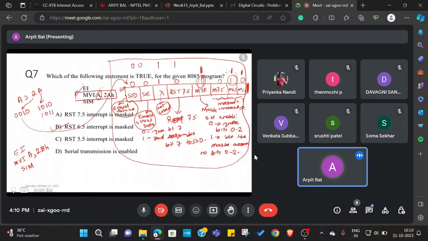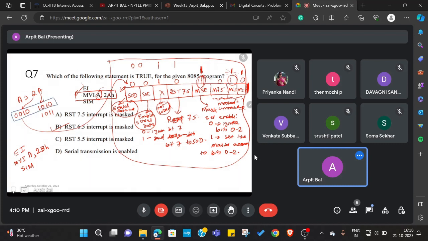Then from week 12, one important problem was related to the SIM instruction, right? For the SIM instruction, set interrupt mask, what we need to see is whatever is the content of A. In this case the content of A was 2AH.